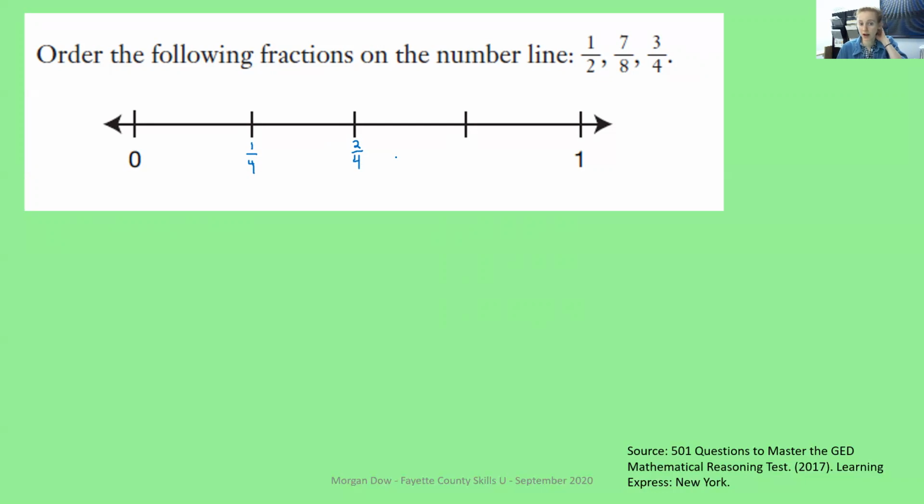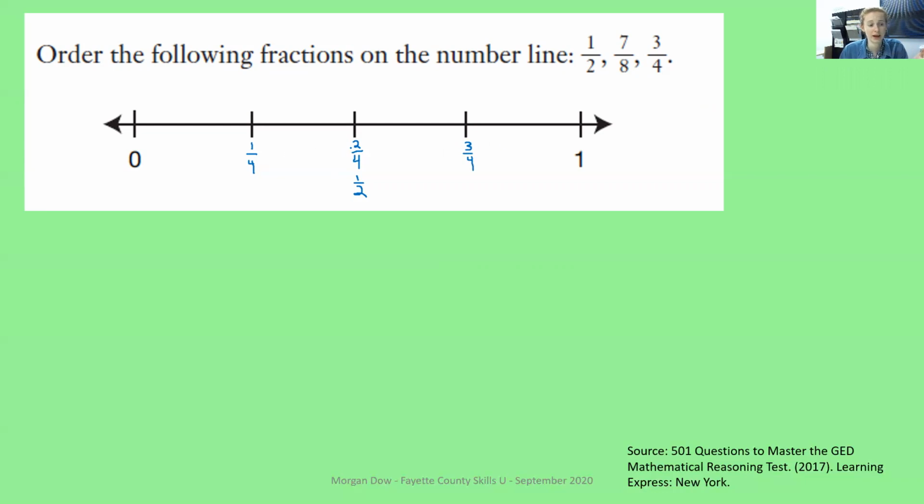Can you simplify 2/4 at all? I bet you can. If you simplify 2/4, we get 1/2, right? Notice that this line is halfway between 0 and 1. Okay, back to counting by fourths. We had 1/4, 2/4. Up next would be 3/4. And then we get to 1, we have 4/4.